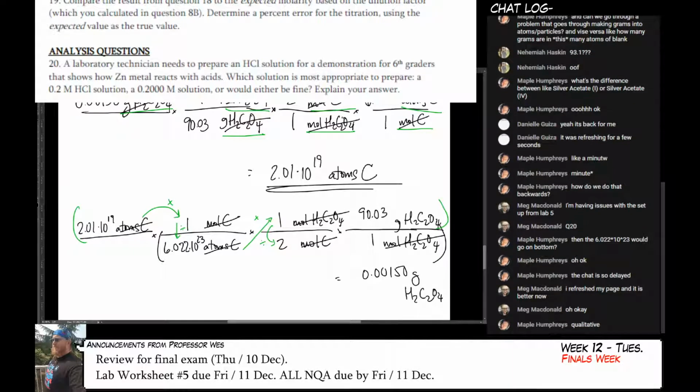Because one of those requires a lot more work to make than the other. And this is actually something that we do in the lab all the time. When we do demos, we have solutions that are good to one sig fig because who cares, right? We're not going to measure it afterward. We just want to see the pretty colors. And so I've basically told you the answer at this point. So there you go.